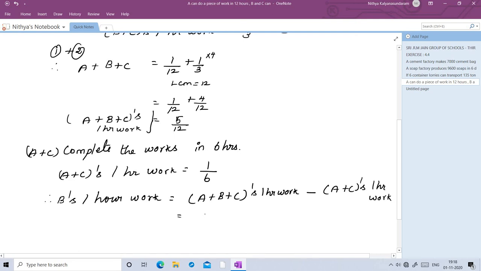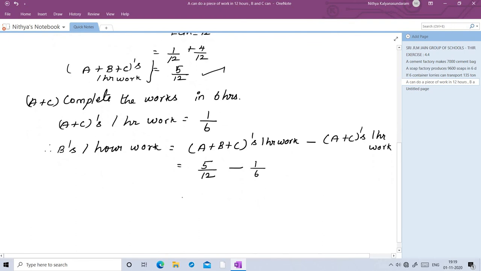So A plus B plus C is 5 by 12, as we calculated, minus A plus C, which is 1 by 6. The LCM is 12, so 5 by 12 minus 2 by 12. So 5 minus 2 by 12 is equal to 3 by 12. We can cancel, 1s are, 4s are. So the answer is 1 by 4.